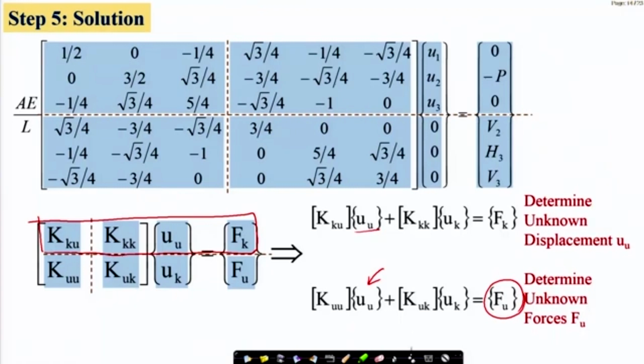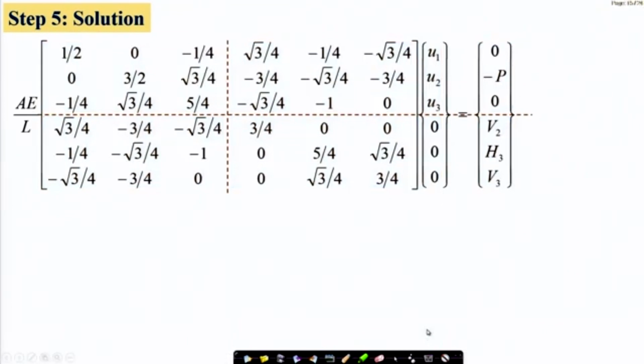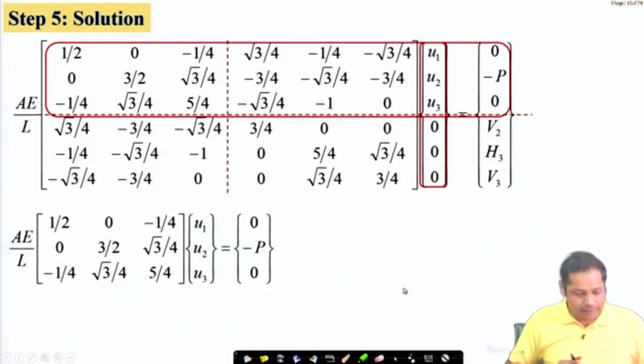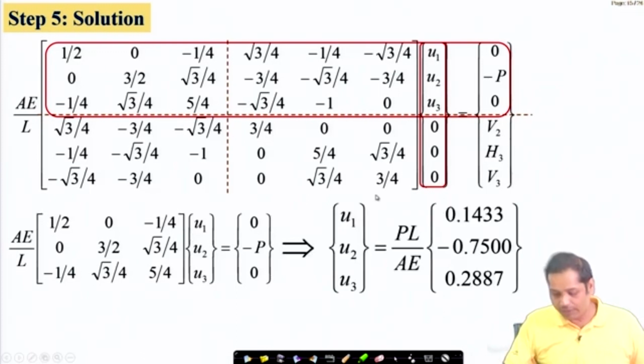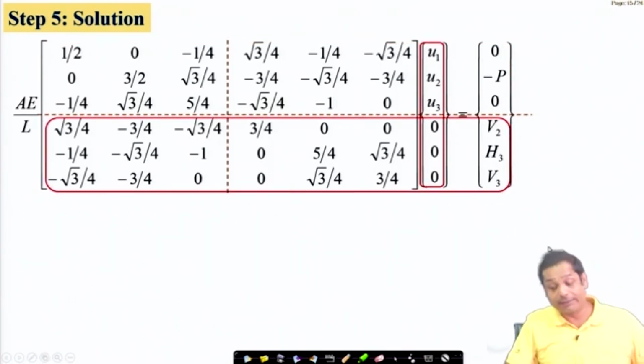Next, let us solve it then. This is our first equation, and if we solve it, this will give us U1, U2, U3 as this. Once we have U1, U2, U3, we apply the second equation.